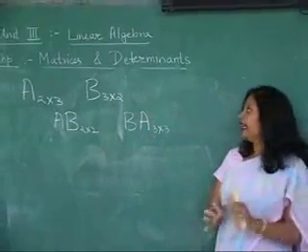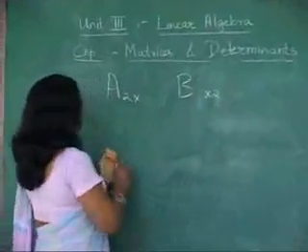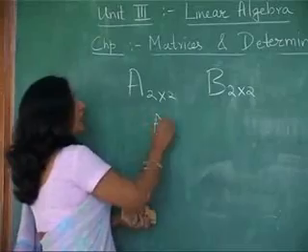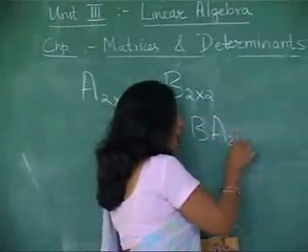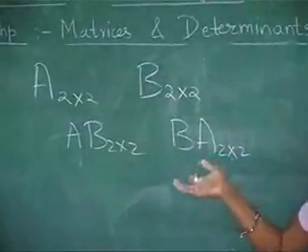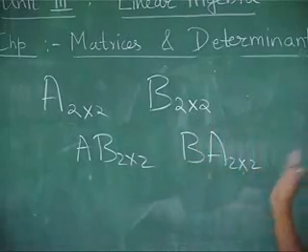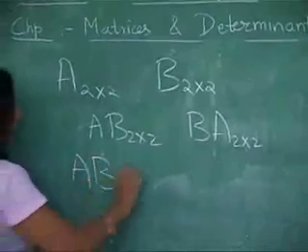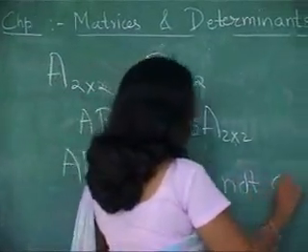And finally, even if both products exist, even if both products are of the same order, it would still be too much to expect AB to be the same as BA. So in general, we will say that matrix multiplication is not commutative.